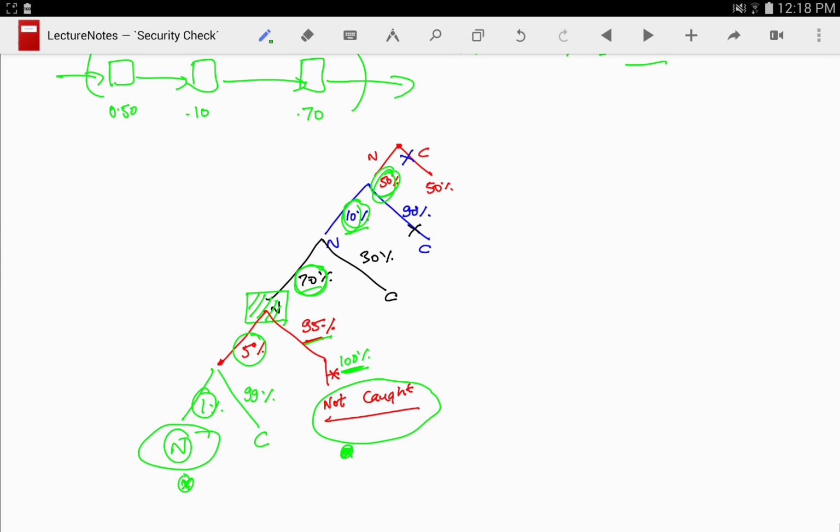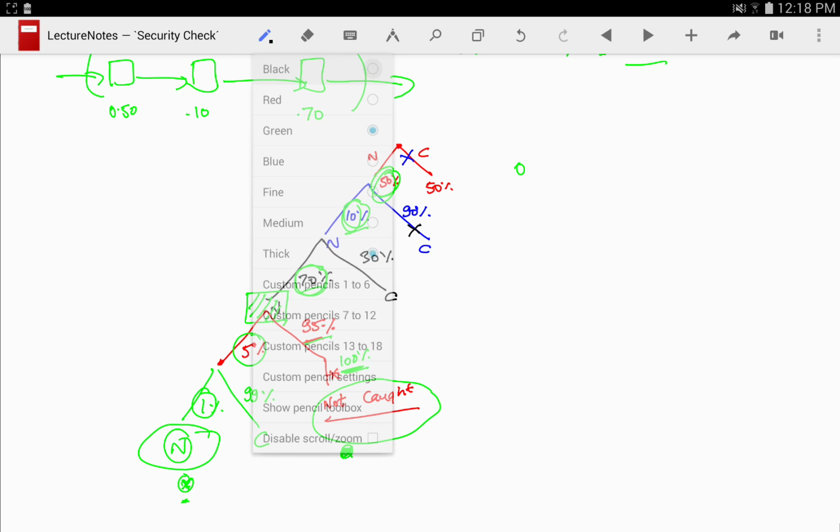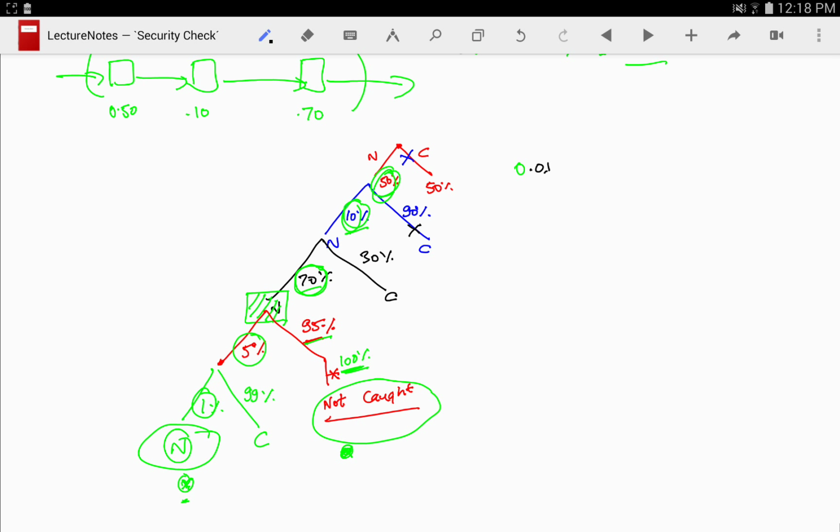So the first part, this part, is 1%: 0.01 times 5%, 0.05 times 70%, 0.7 times 0.1 times 0.5.